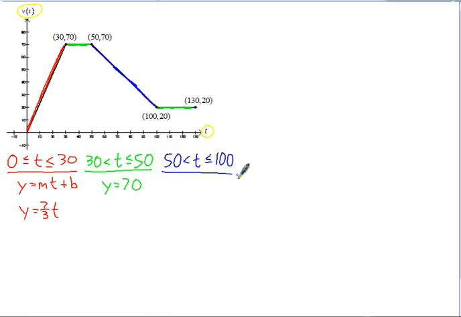Here you might want to use the slope formula. So again, we start off with y equals mx plus b. If we use the slope formula here, the difference of the y's, so 70 minus 20, divided by the difference of the x's, 50 minus 100, that gives us 50 over negative 50, which reduces to negative 1.